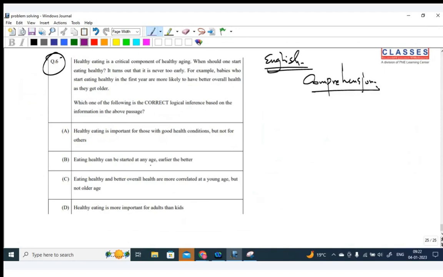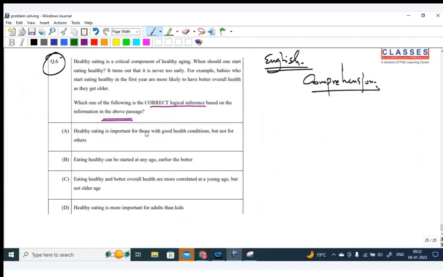I think many times this kind of question has been asked. So which of the following is a correct logical inference based on information given in the passage, right? So never ever answer these kind of questions based on your knowledge. Whatever passage is given, that you have to solve it, right?